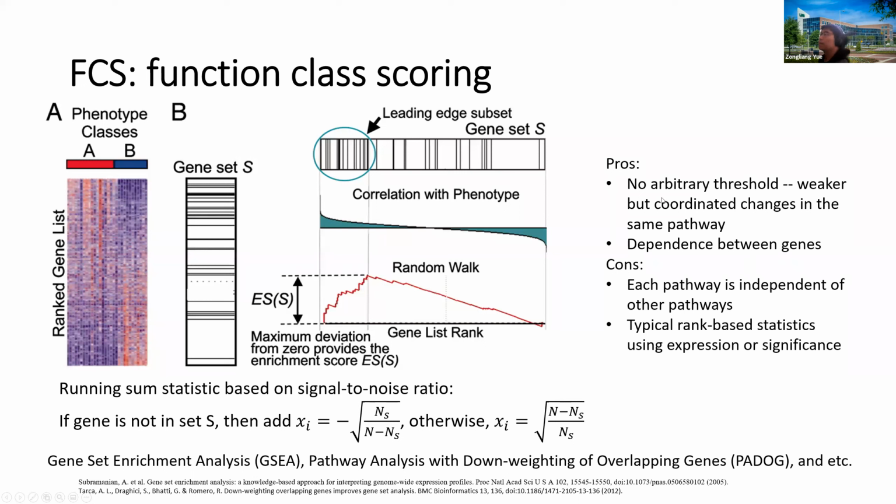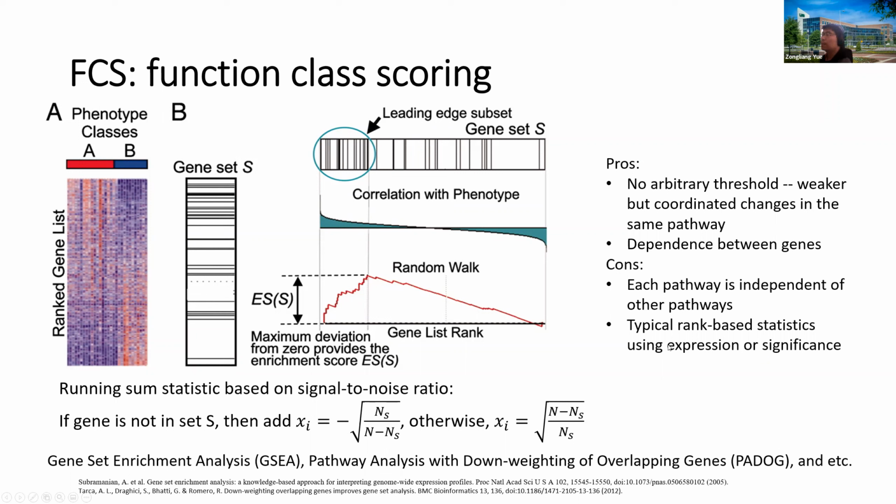The pro of this is there is no arbitrary threshold, so you can usually observe weaker but coordinated changes in the same pathway. They also account for the dependence between the genes. If these genes are co-expressed, like overexpressed, it is reflected in the ranking. The con is that each pathway is still independent of the other pathways.